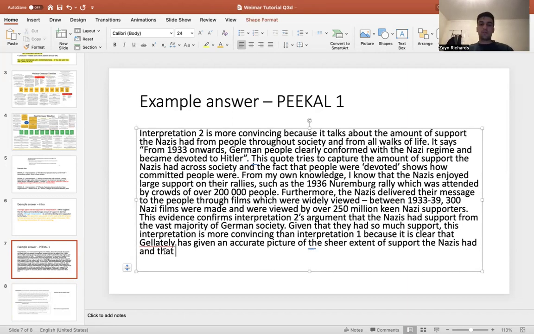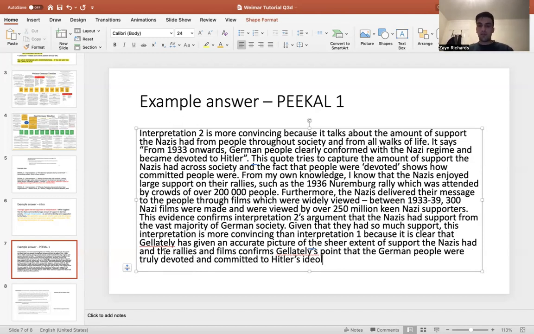So you just link back to your overall opinion, okay? They are right to point out, and the evidence of the rallies and films confirmed Gallately's point that the German people were truly devoted and committed to Hitler's ideologies.